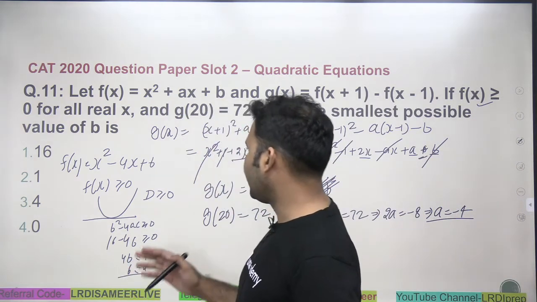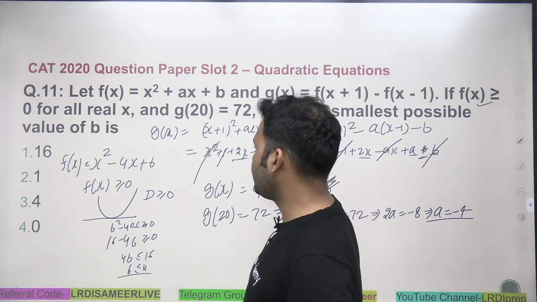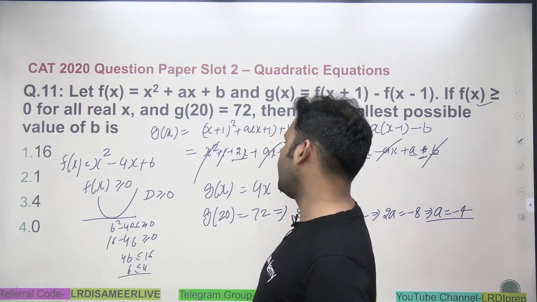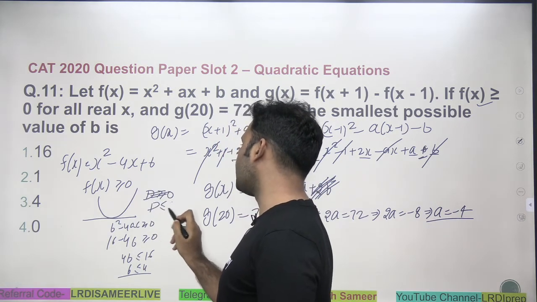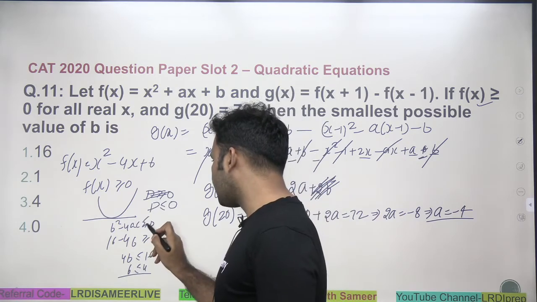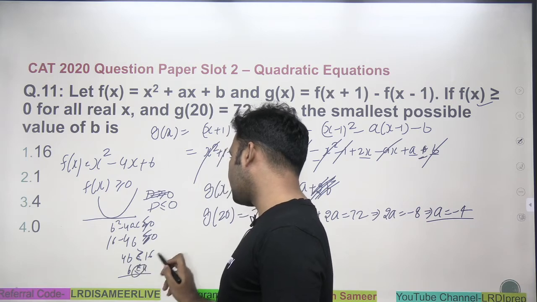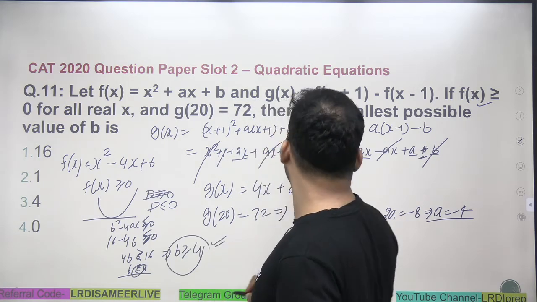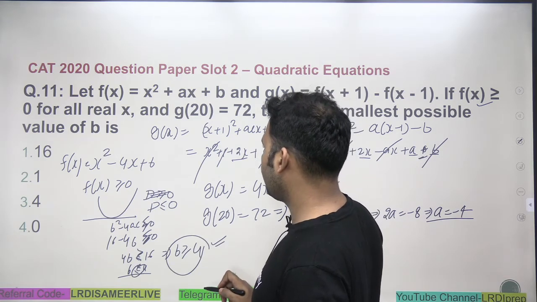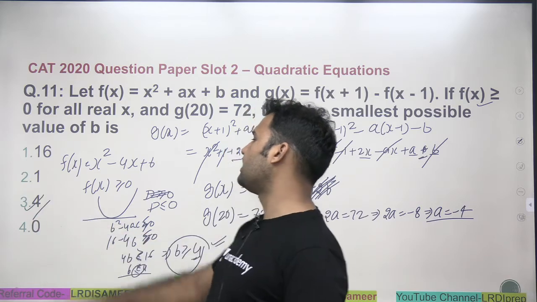So 16 minus 4 into a into c should be less than or equal to 0. This is a case of less than or equal to 0, not greater than or equal to 0. So when you make it less than or equal to 0, 4b will be greater than or equal to 16, or you say b will be greater than or equal to 4. So the smallest possible value of b is 4.